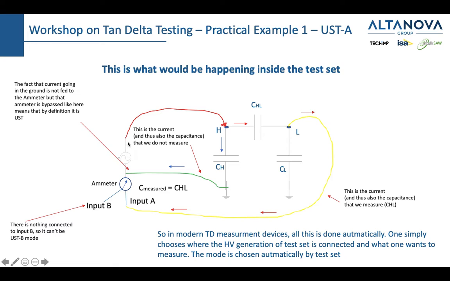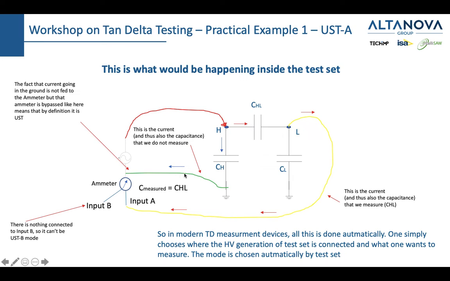This is the source. I am generating a high voltage here, let's say 10 kilovolts. This 10 kilovolts causes this current to run through here, and this current to run through here. Now, since we are measuring UST A, the current running in the ground will not be measured, because it's a UST.